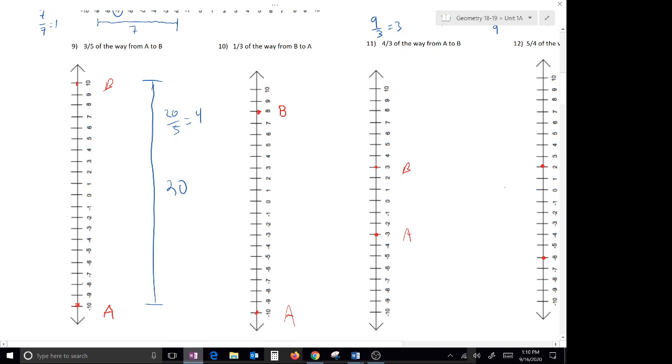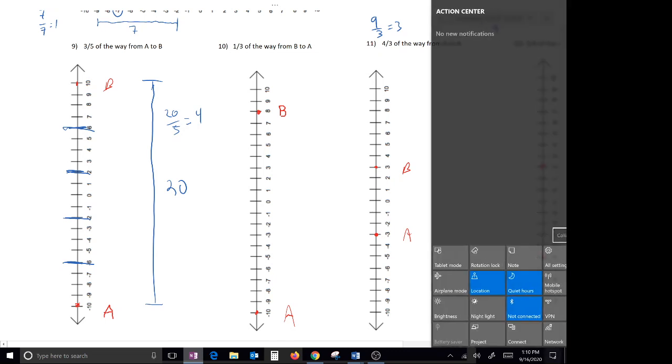So 1, 2, 3, 4. That's one partition. 1, 2, 3, 4. That's another one. 1, 2, 3, 4. Okay.